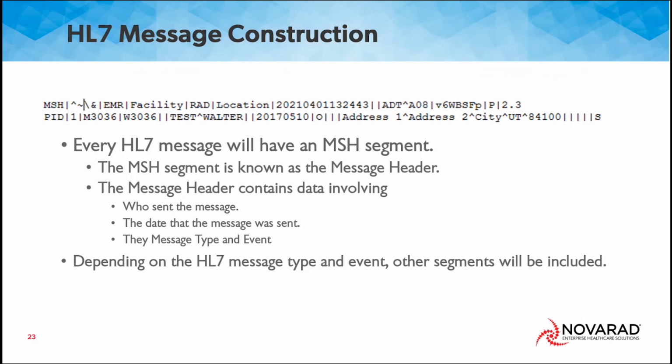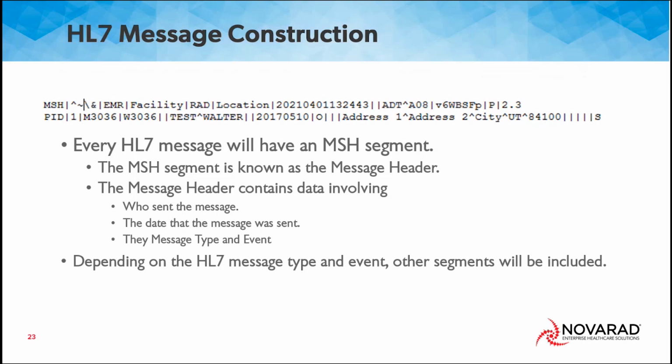We'll talk about some of the specific pieces of the MSH segment, but for the most part, it tells another vendor who sent the message, the date and time the message was sent, what kind of message it is. In other words, what do I do with this information? And some other things that make the message unique.